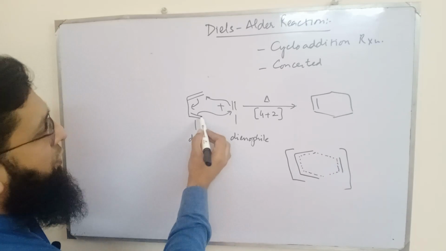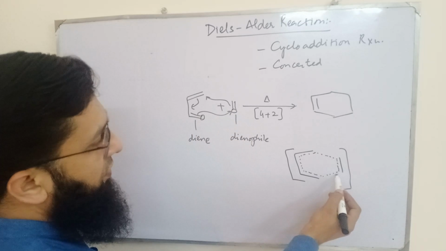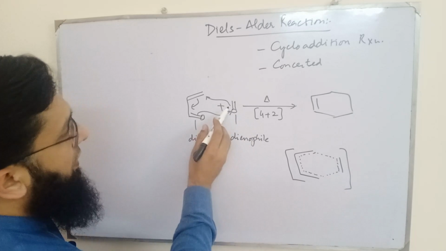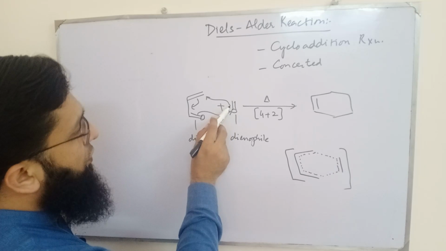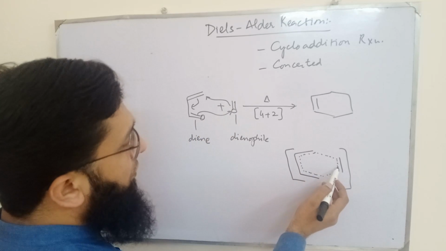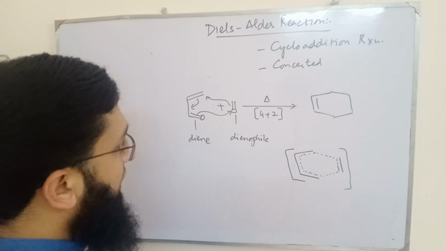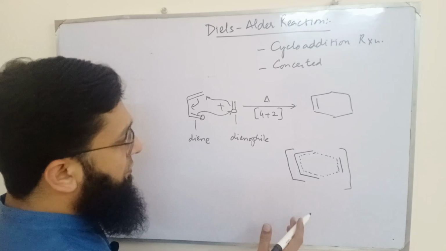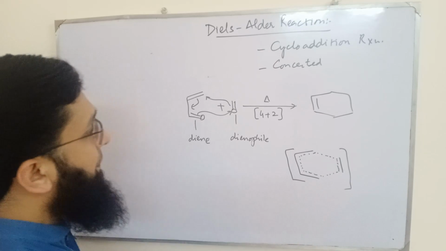For example, a new bond is being formed between these two carbons, so it is represented as a dotted bond, and a bond between these two carbons is being broken, which is shown by the arrow tail here. So this is also represented as a dotted bond, and the same is the case for all the bonds. Thus we get this cyclic transition state.